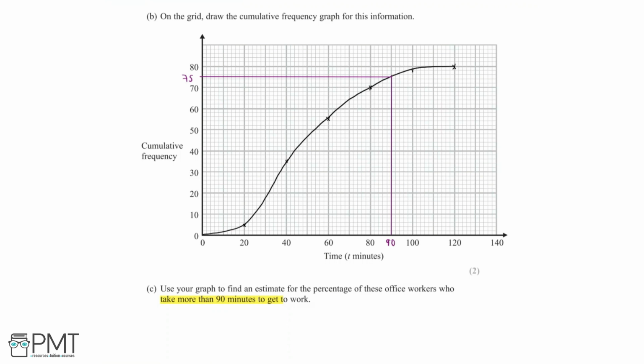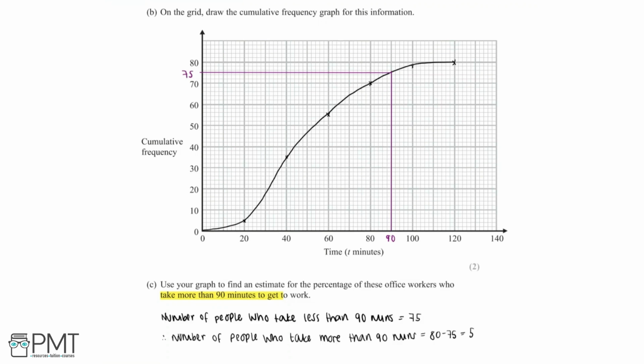But we need to find an estimate for the percentage of these office workers who take more than 90 minutes to get to work. Well, if we know that 75 people take less than 90 minutes, and the total number of people is 80, we can say that the number of people who take more than 90 minutes to get to work is 80 take away 75, which is equal to 5. So now we've used our graph and we've found out that 5 people take more than 90 minutes to get to work.